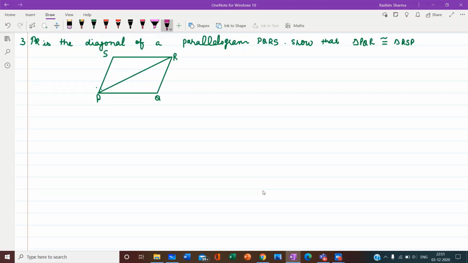Question number 3: PR is the diagonal of a parallelogram PQRS. Show that triangle PQR is congruent to triangle RSP. Now here, in a parallelogram opposite sides are equal. So we will write, in triangle PQR and triangle RSP, we have side PQ equal to SR and side PS is equal to QR.